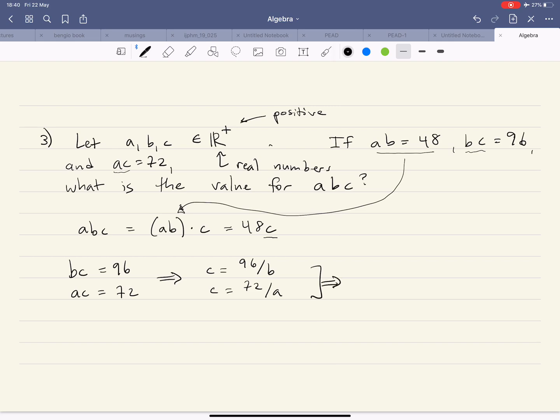Both of these are C equals something, and C always equals itself. So this tells me that 96 over B equals 72 over A.